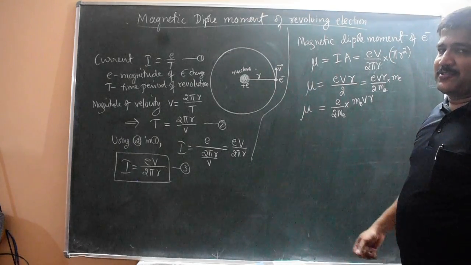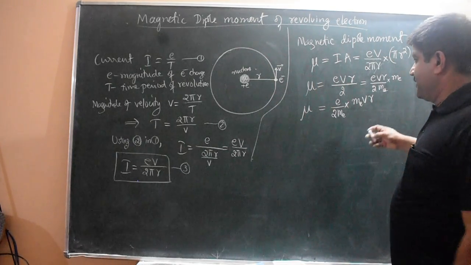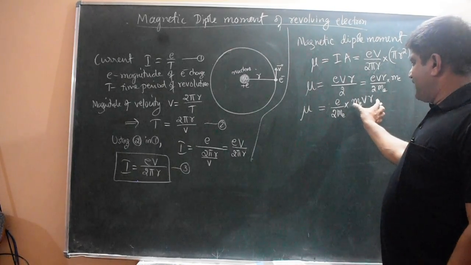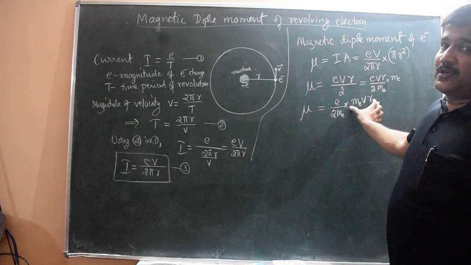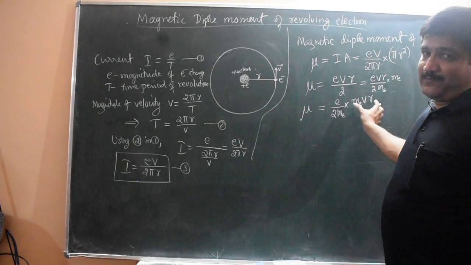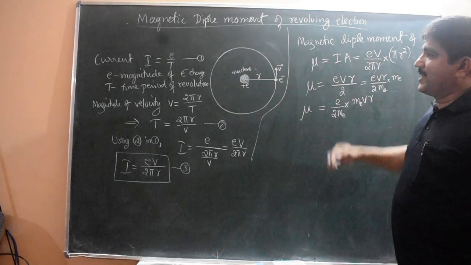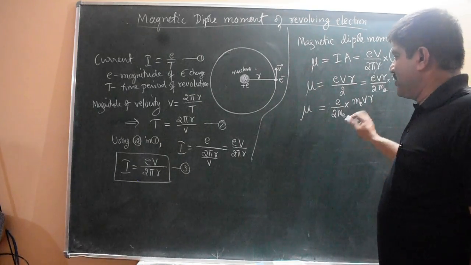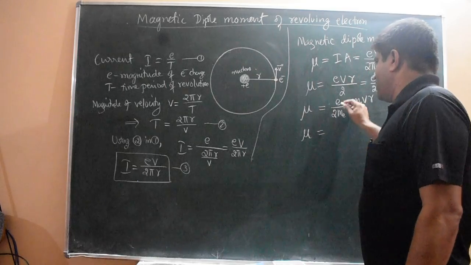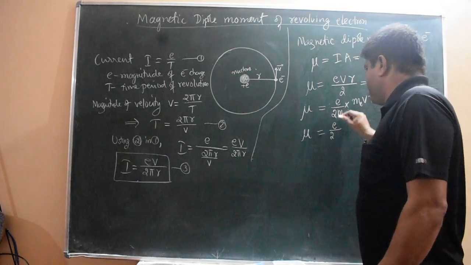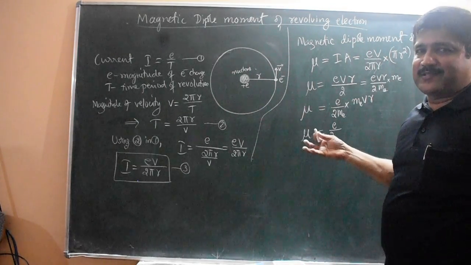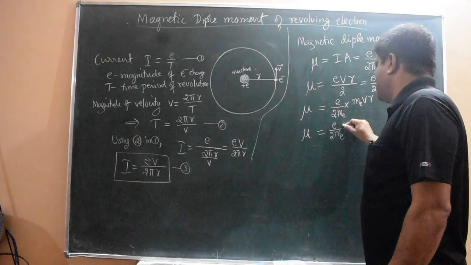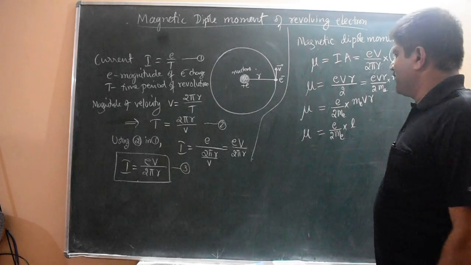So e by 2 m_e into m_e v r. This m_e v r is the angular momentum of the revolving electron in the hydrogen atom. This is a hydrogen atom, not any other atom. So mu equal to e by 2 m_e, and e by m_e is a constant for a given electron, into L.